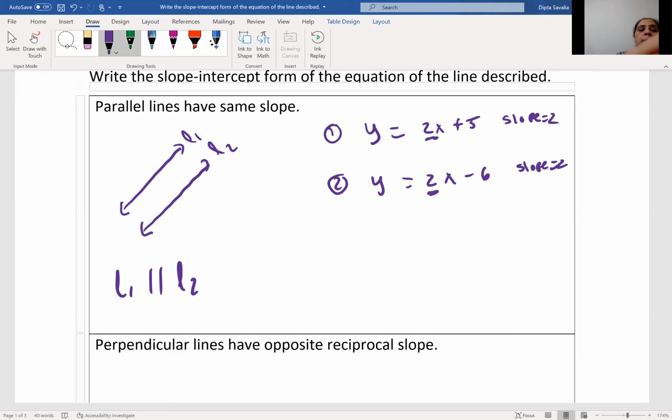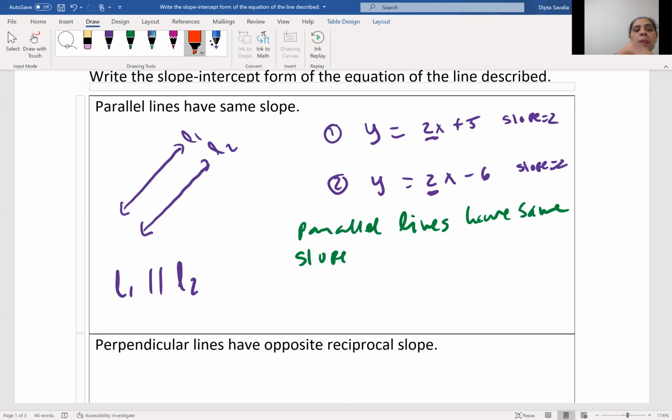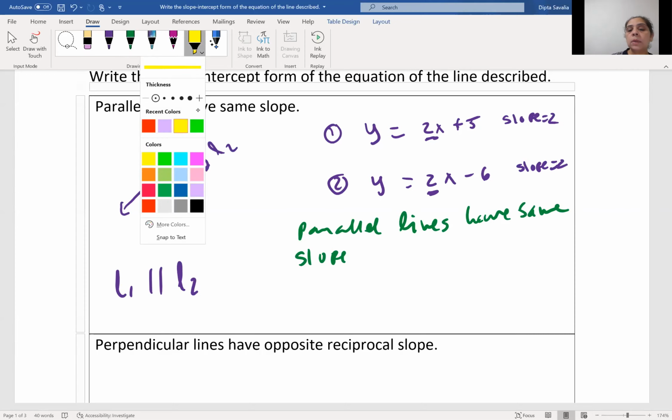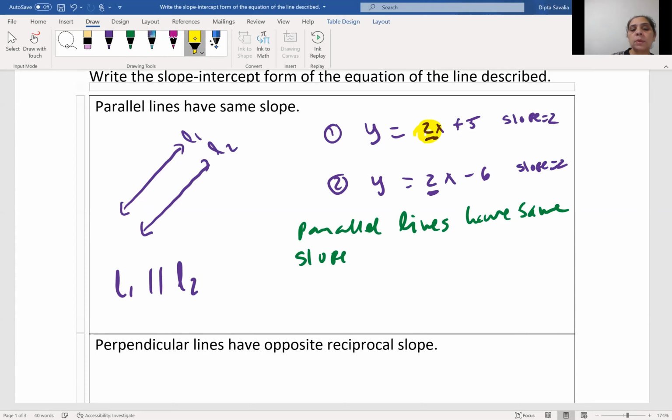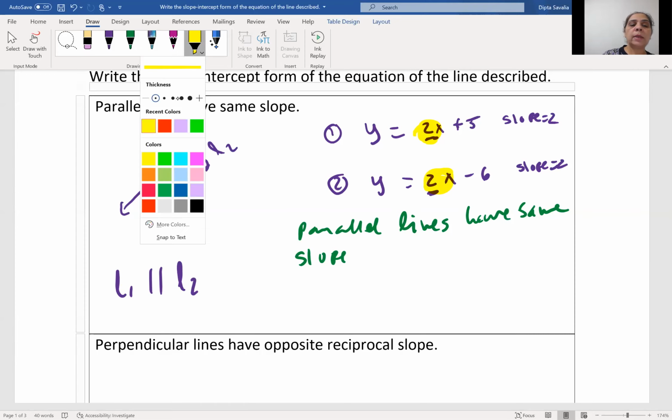So when we have parallel lines, they have the same slope. Now you can see here we have the same slope, right? But look at this, we have different y-intercepts.